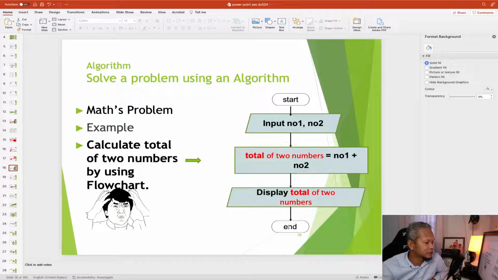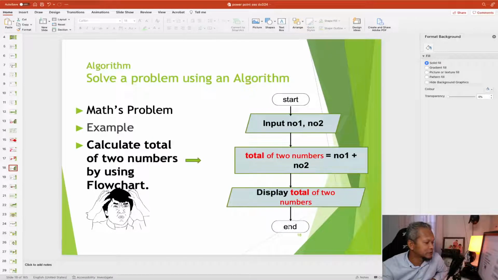And then for the formula of that total, you should write total equal number 1 plus number 2. And then display total only. So we need to call that the same variable. So the variable you are using here is total.